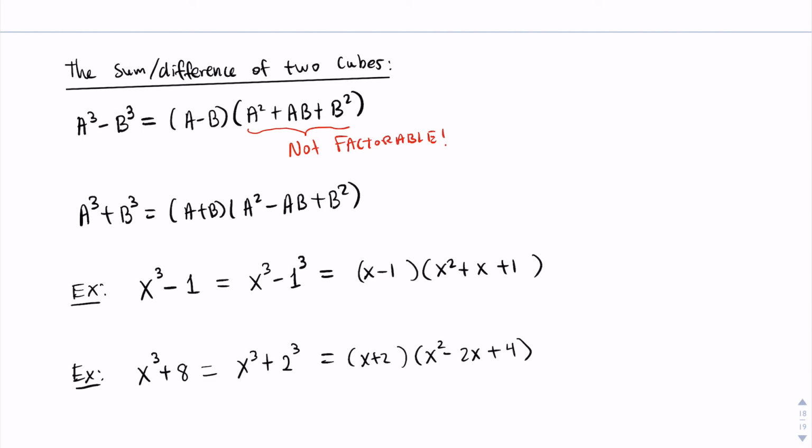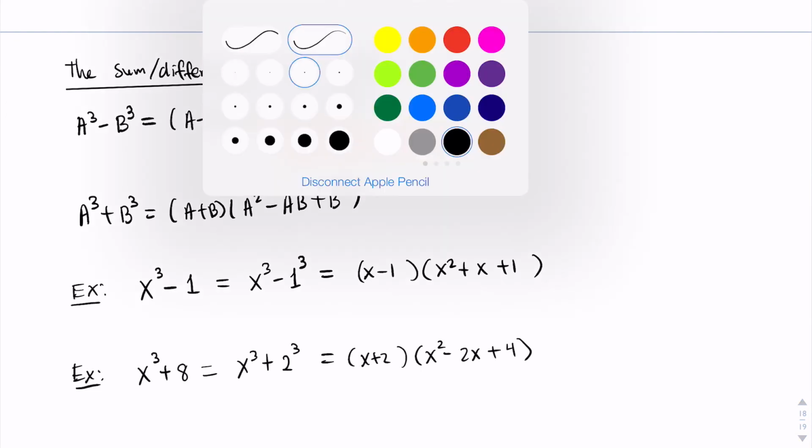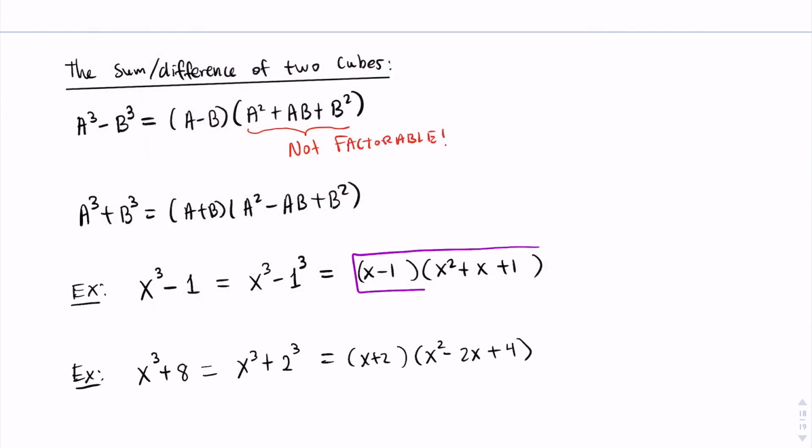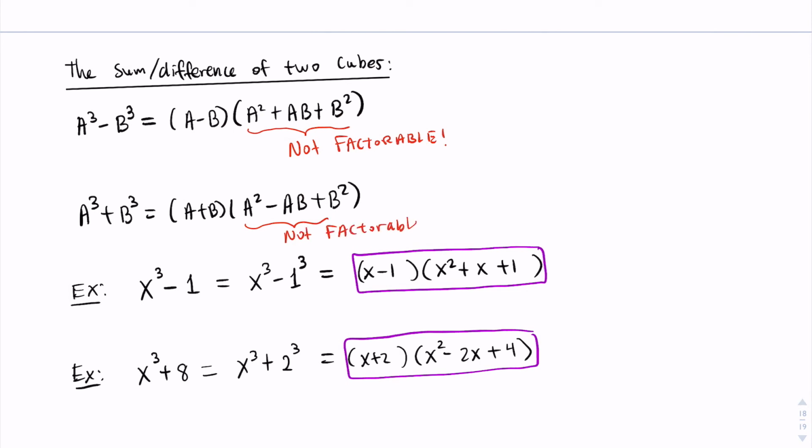There we go. And again, you don't have to worry about factoring the second degree polynomial that you have there. It is not factorable. That's what I said up there. Those things are not factorable.